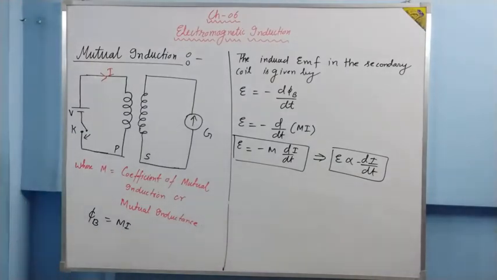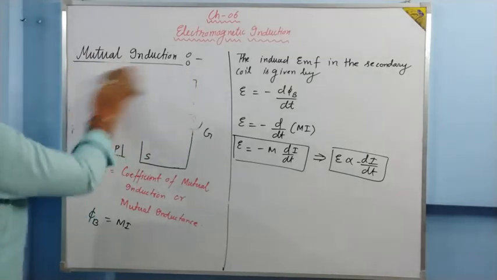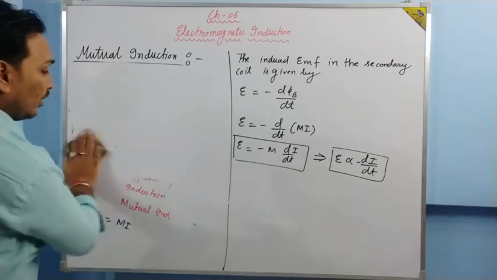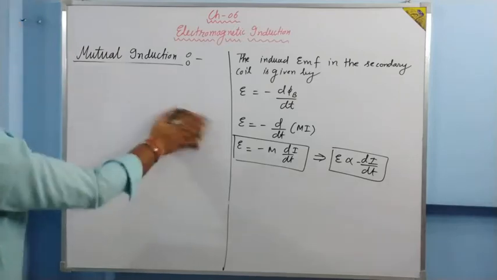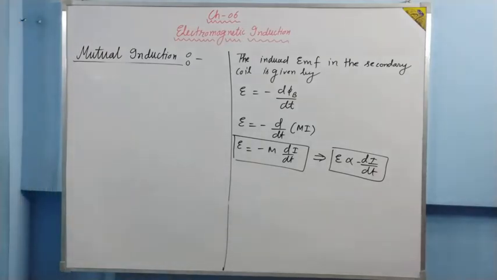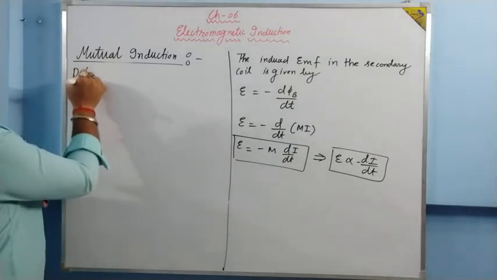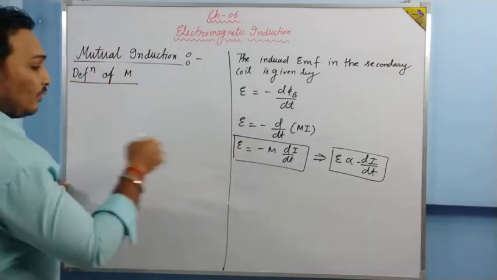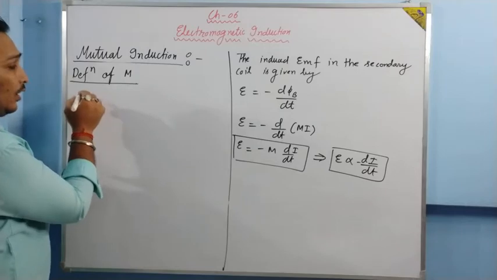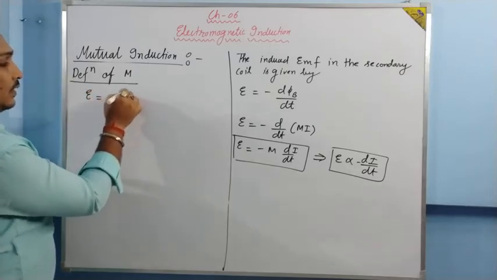Now from here we will try to define coefficient of mutual inductance. Okay, let me remove all this. What is coefficient of mutual inductance? Definition of capital M. From that formula we can write E is equal to minus M dI by dt.